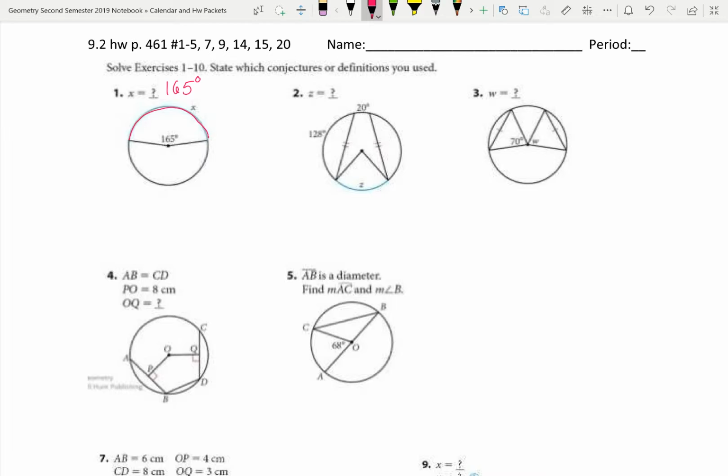That's because the measure of the intercepted arc equals the measure of the central angle.